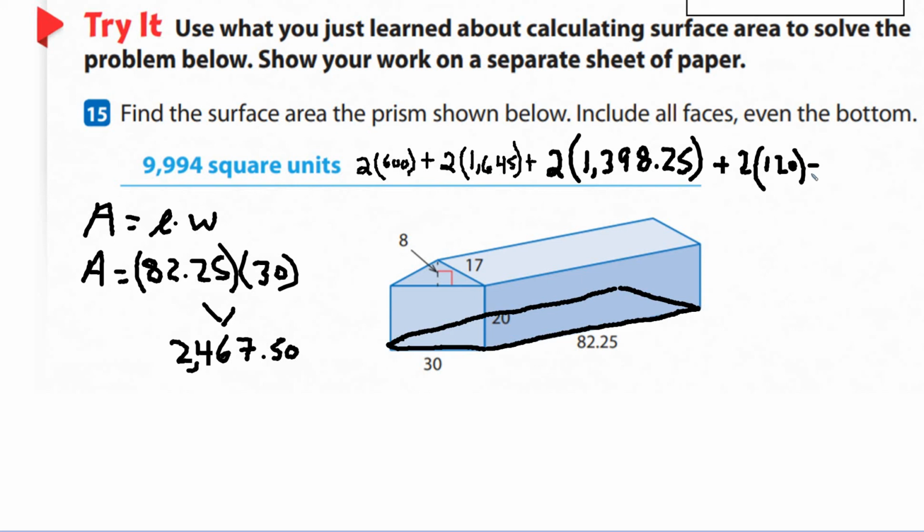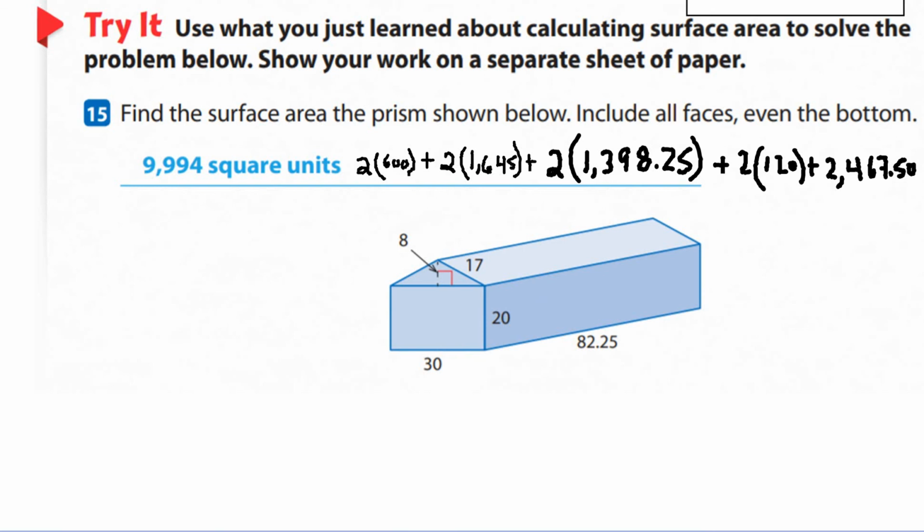So we're going to add that here. And there's only one of them, so you don't multiply by 2, because there's only one floor. And now let's add all these up and see if we get 9,994 square units.